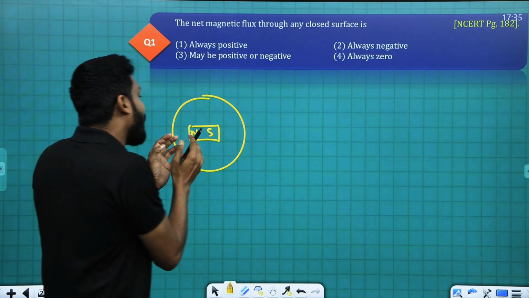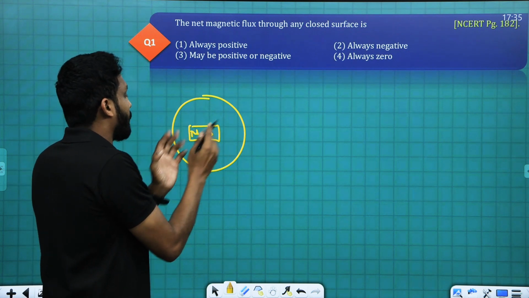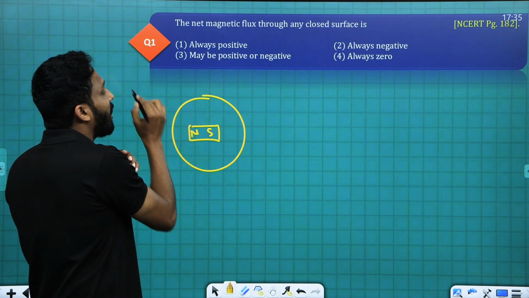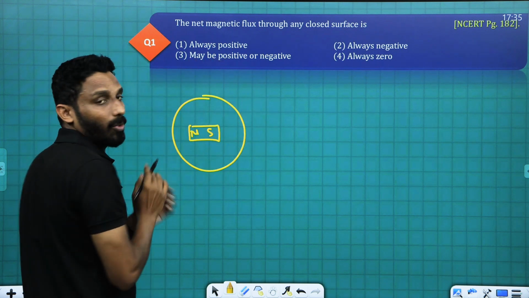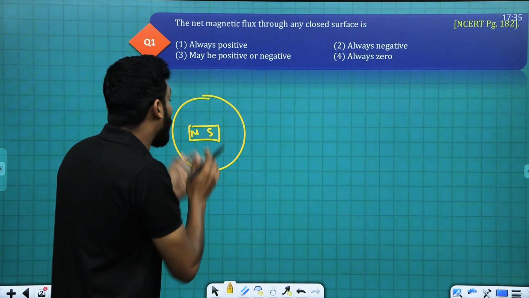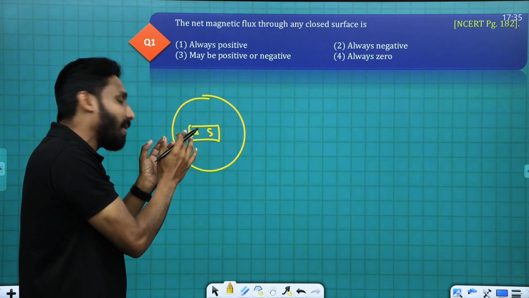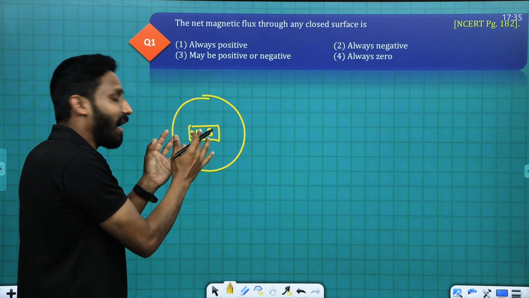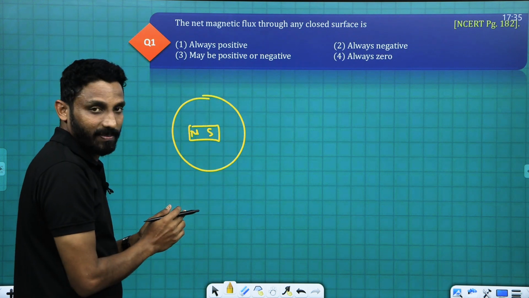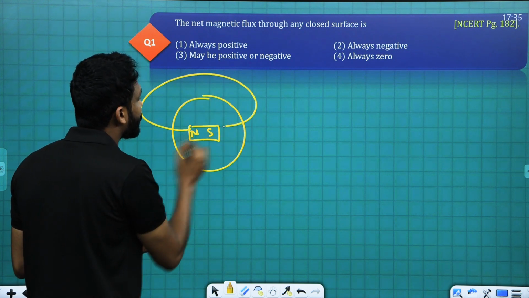The magnetic field lines come out from the north pole and enter into the south pole. Equal numbers of magnetic field lines enter and leave this closed surface. Clear? Like this.